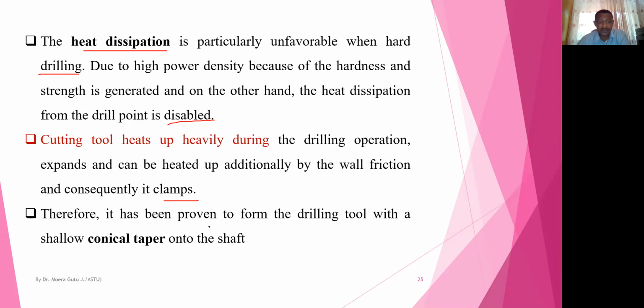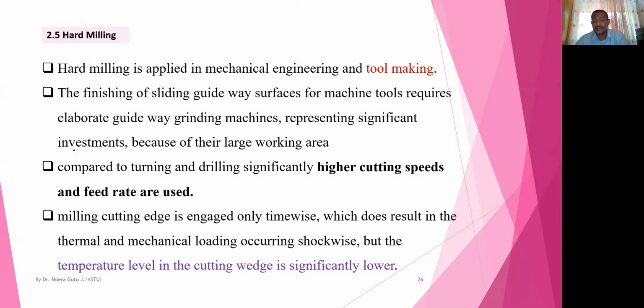Therefore, it has been proven to form the drilling tool with a shallow conical taper. So the shallow conical taper of a drill bit can allow the circulation of cutting fluids, or air which can be used as a cutting fluid, so that it can reduce the frictional force, and the tool life is more.